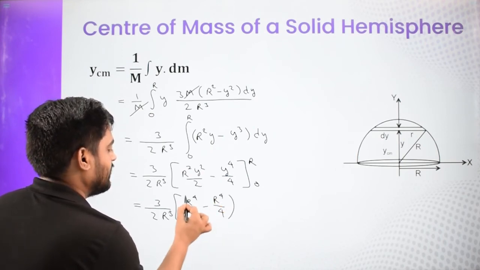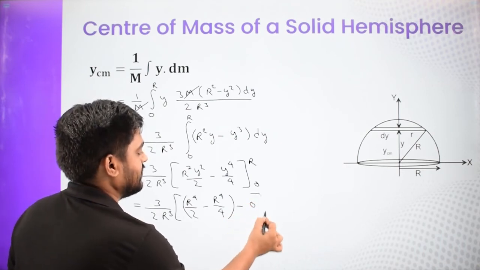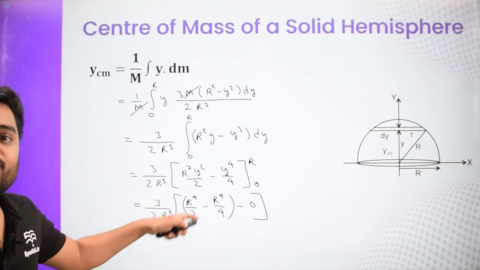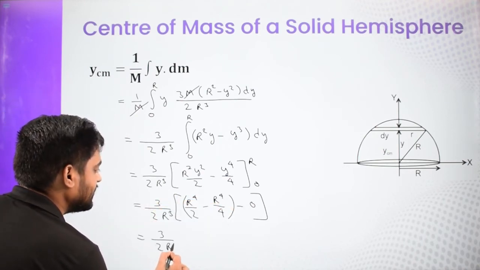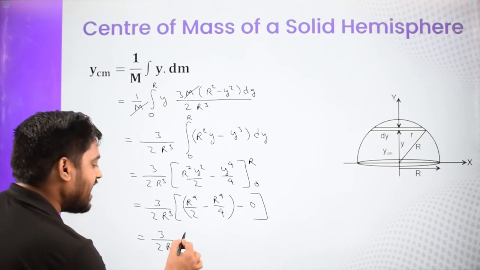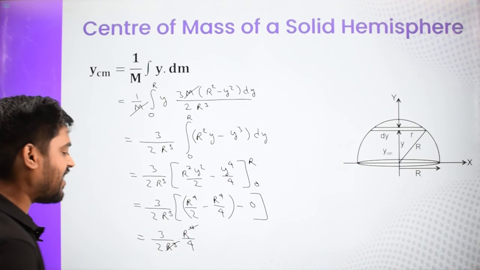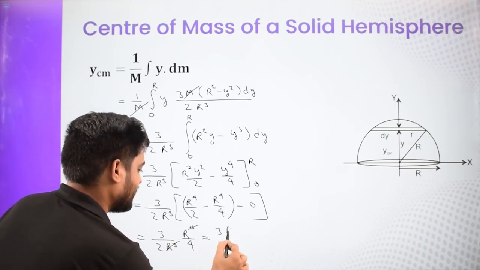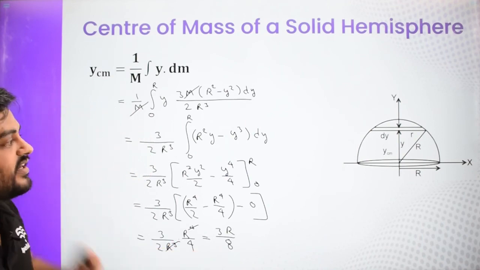And when you put 0, you get basically 0. Now let us solve this. So this is basically half minus 1/4, which gives 3 by 2R cube times R raised to 4 by 4. So cancel this R cube with the power 4. We get 3R by 8.